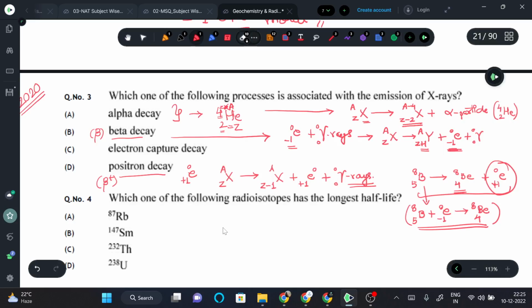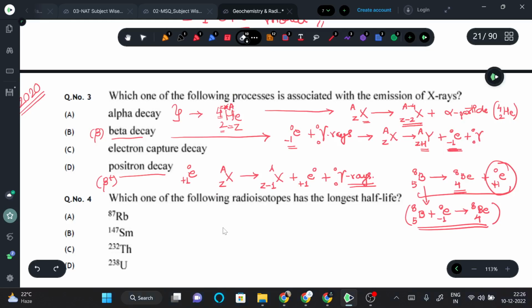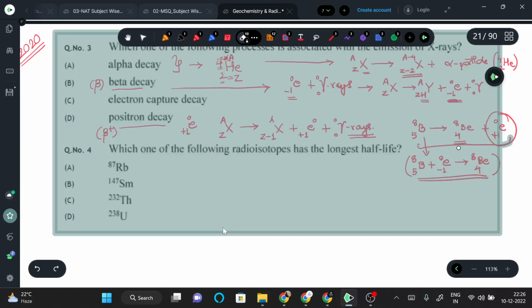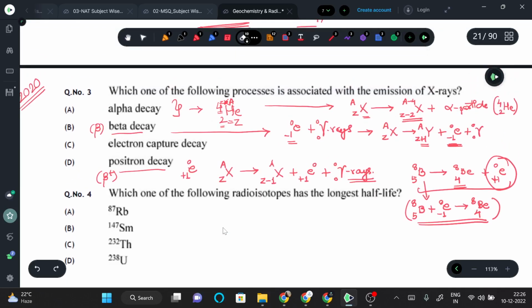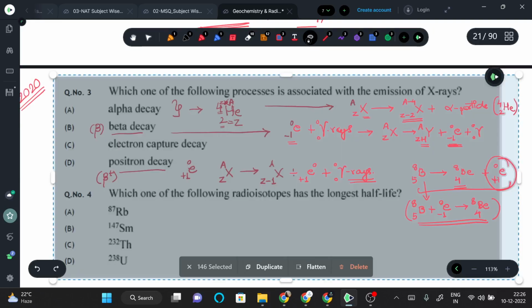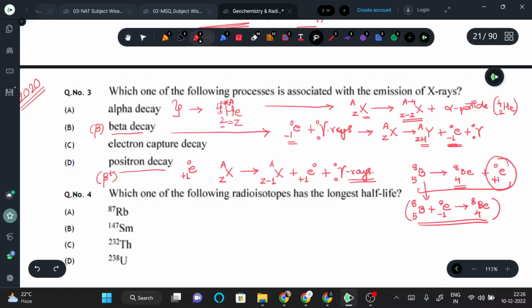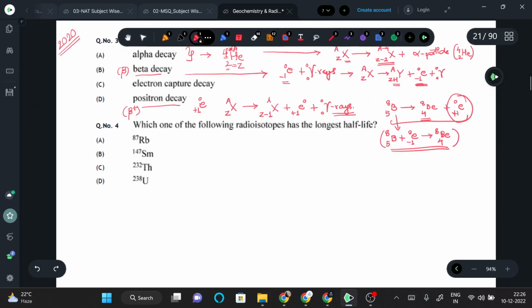So I will erase this part here. Okay, the question got erased, no issue. We'll write it here downwards.